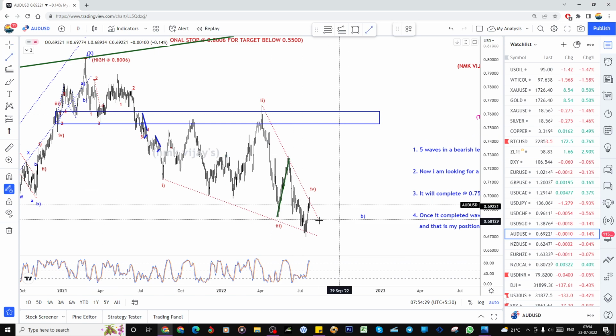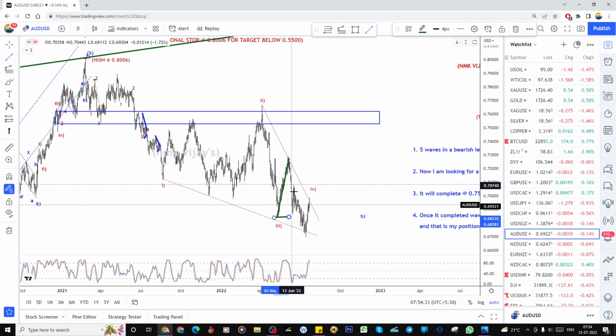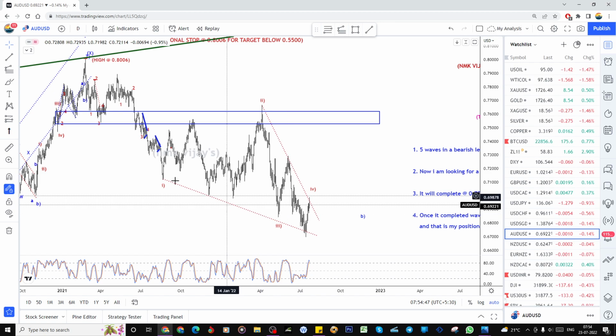And what happens here? It's already broken the low. If it is an impulsive wave and it has already broken the low, what does it show? The sign is still bearish. So why not this could be that second possibility. And the third possibility is either this is wave 1, this is wave 2, this could be the intermediate wave 1 also.